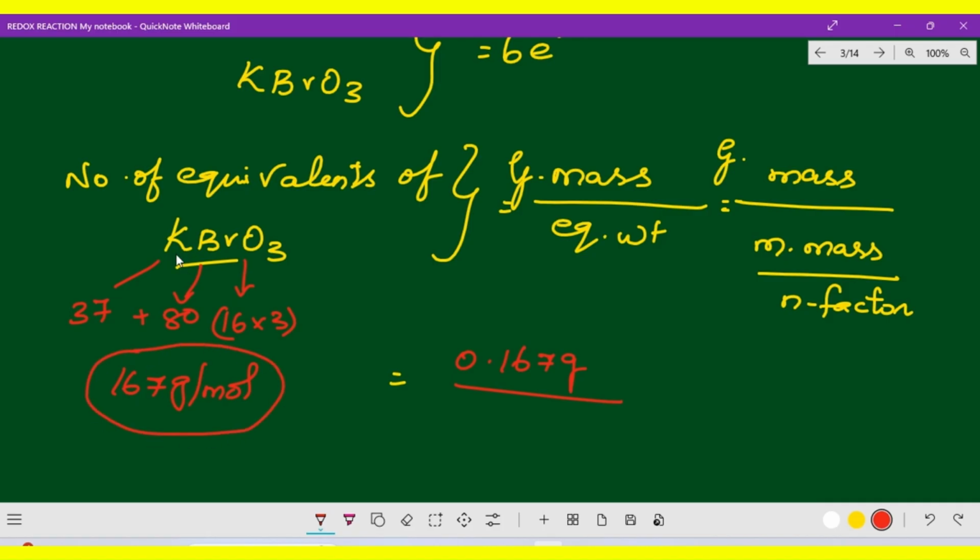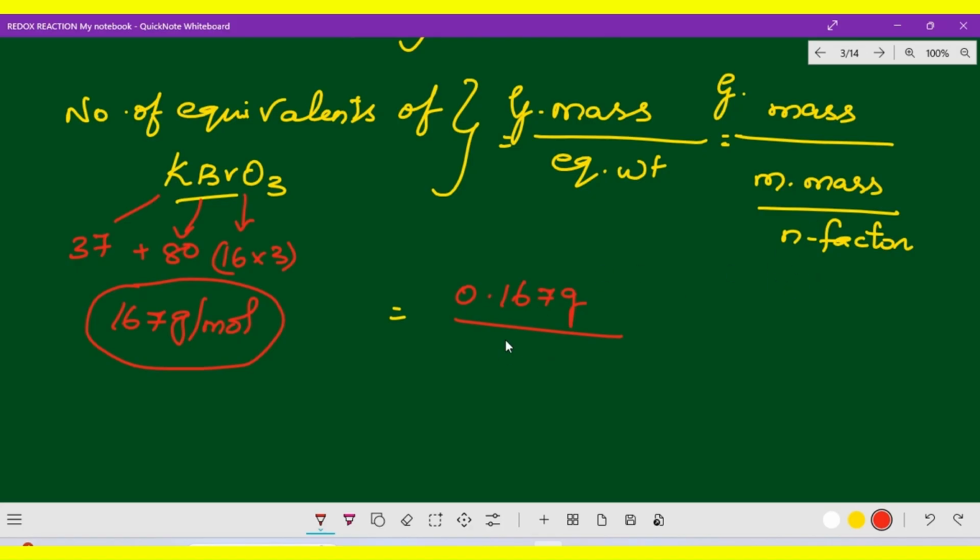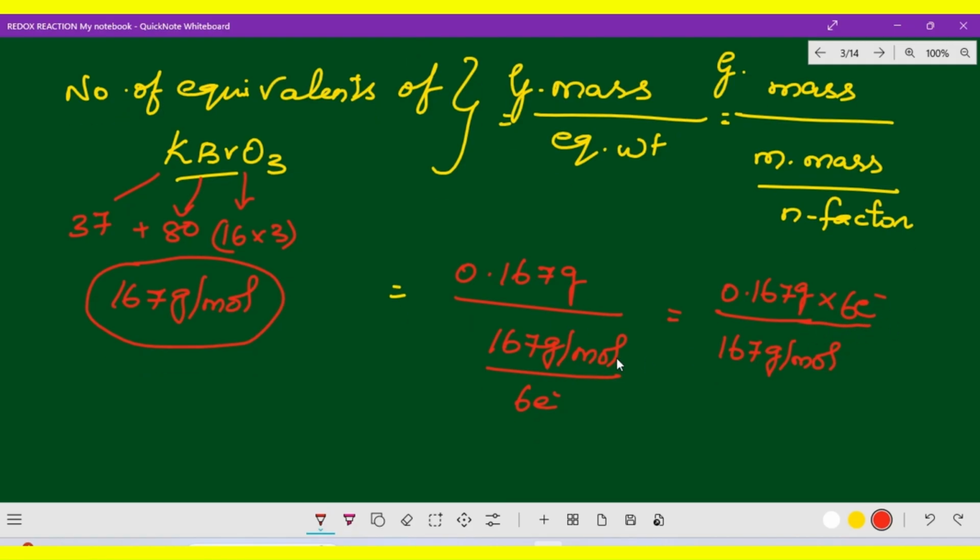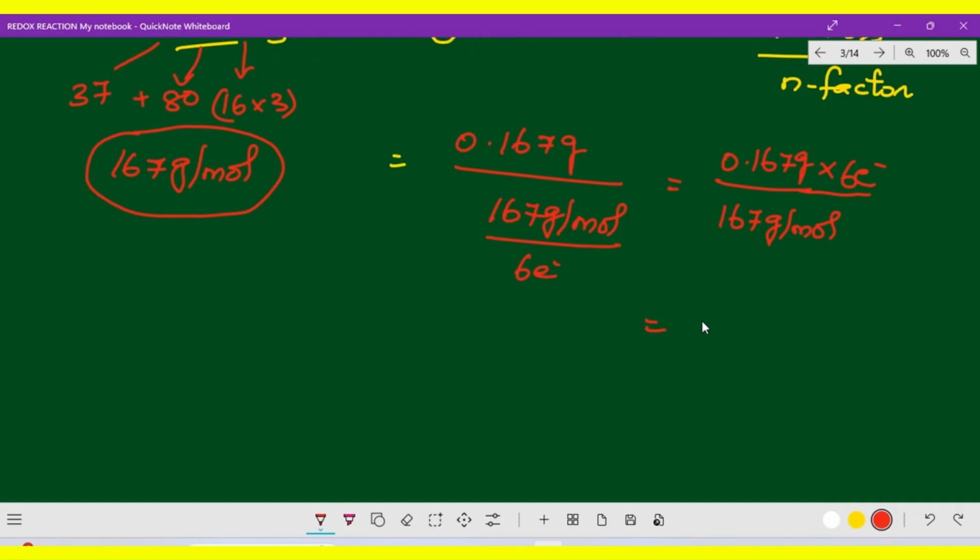Equivalent weight is molecular mass by n factor, so 167 gram per mole divided by 6 electrons. Written like this: 0.167 gram divided by 167 gram per mole, and the 6 goes upwards. So the answer you will get is around 0.006. So that is the equivalents.